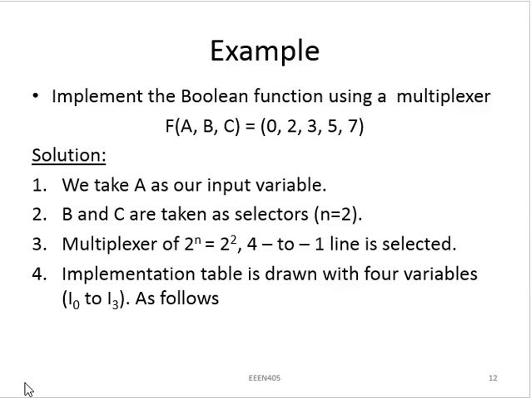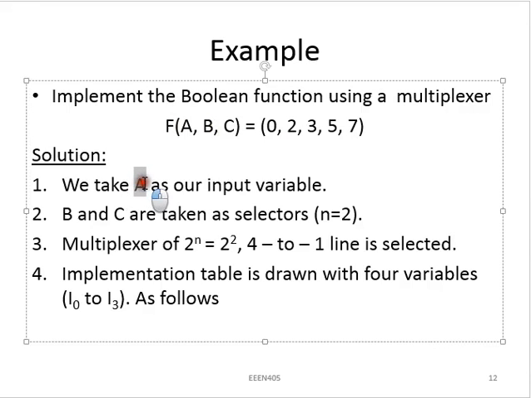For us to understand this, let us take a typical example. We are given f of a, b, and c, which is equivalent to the minterms 0, 2, 3, 5, and 7. Now, as we said, among these 3 variables a, b, and c, we take a as our external input.